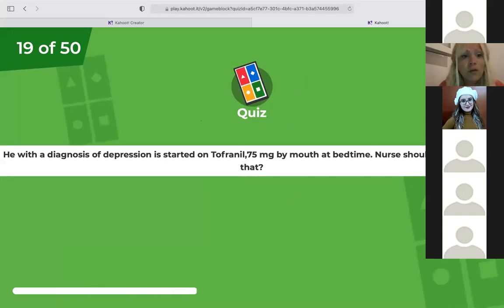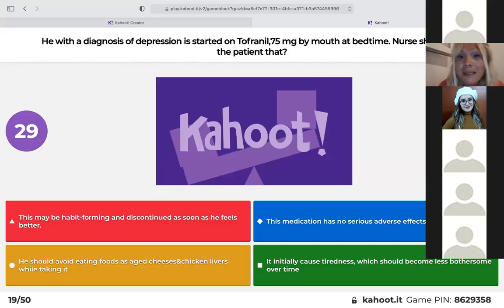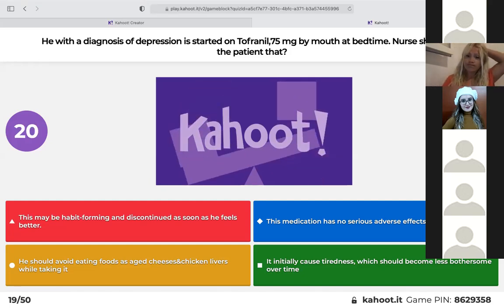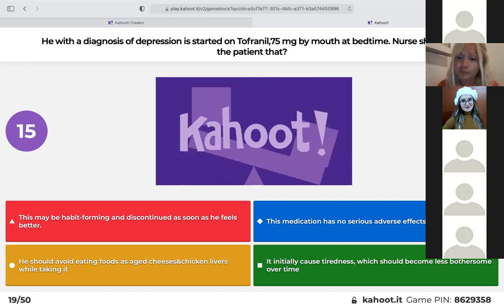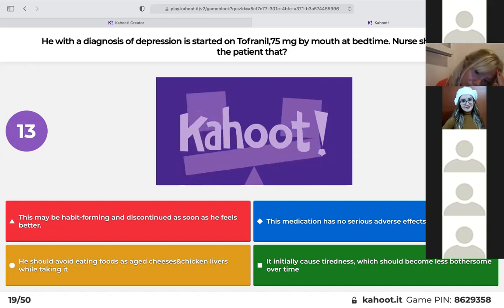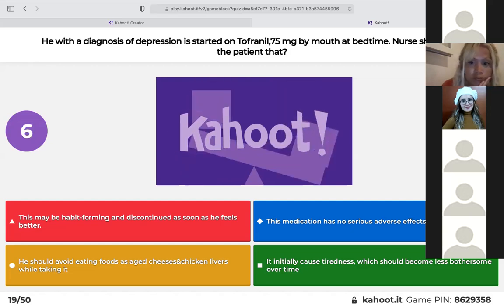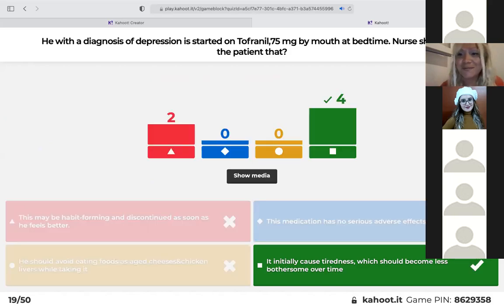A patient with a diagnosis of depression is started on Tofranil 75 milligrams by mouth at bedtime. The nurse should tell the patient what?